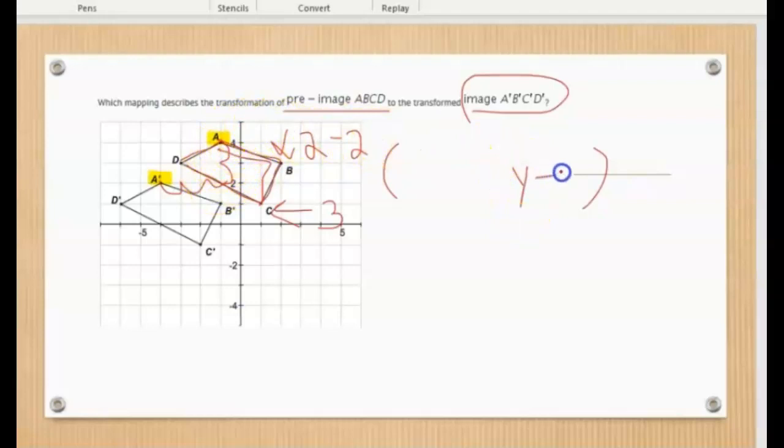So we're going to do y minus 2. And then we went to the left 3. Remember, going to the left, you're going in the negative direction on that number line. So we're going to subtract 3 from all the x values. Remember, that horizontal x-axis is the one that goes left and right. So x minus 3. You're kind of just working backwards.